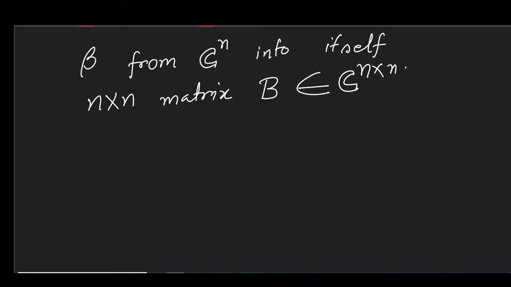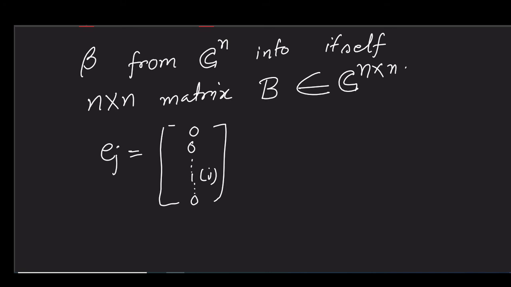Let us consider Ej to be a vector in Cn which has all 0 components except the jth component, which is equal to 1. So what is Ej? Ej is like 0, 0, and here the jth element is 1, and the remaining are 0.